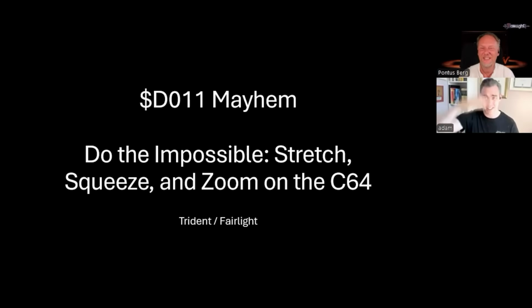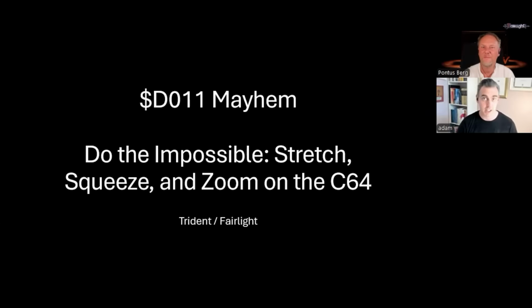But it's the one that goes in the Y direction, and it's an 8-bit register. You can do a bunch of things with that, but we're not going to even use the 8 bits. We're not going to use more than 3 bits, really. Well, a few of the others too, but mostly 3 bits. Plus 2 other registers, D018 and DD00 as well, to do what would be considered impossible: to stretch, squeeze, and zoom graphics on the C64.